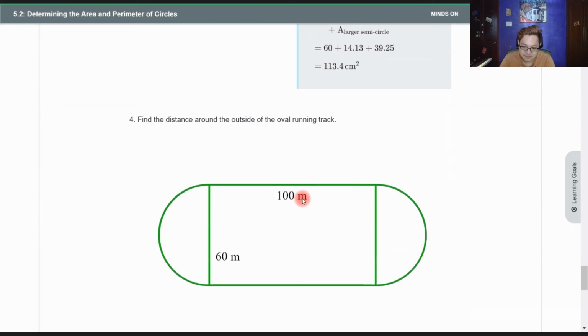Find the distance around the area of the overall running track.